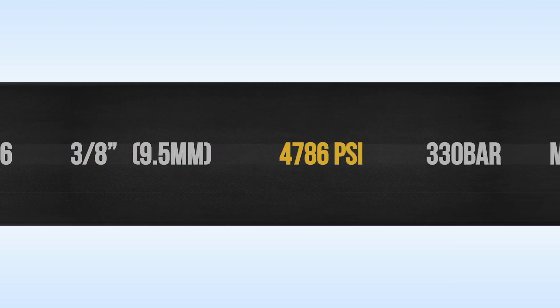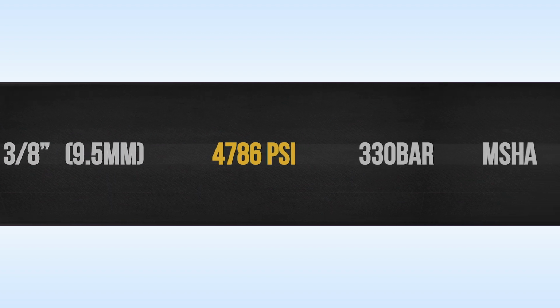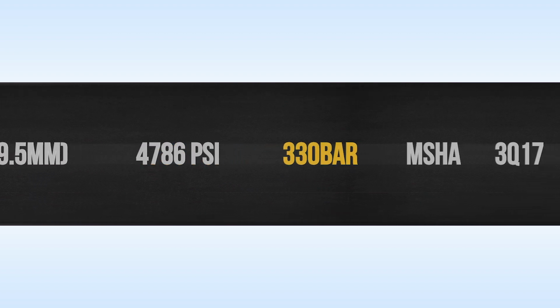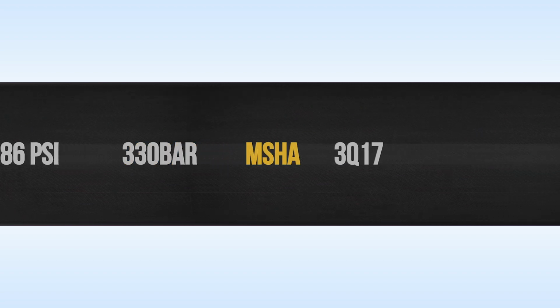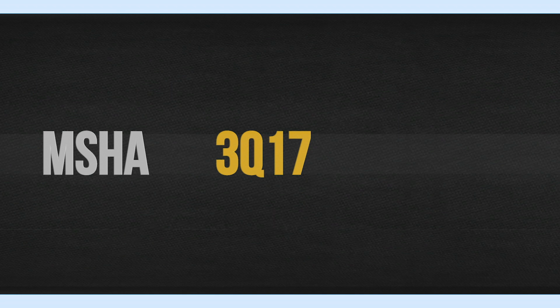The hose is rated at 4,786 psi or 330 bar, has MSHA approval, and has a production code of 3Q17. The 3Q indicates that the hose was manufactured in the third quarter of the year, and the 17 indicates that the hose was manufactured in the year 2017.